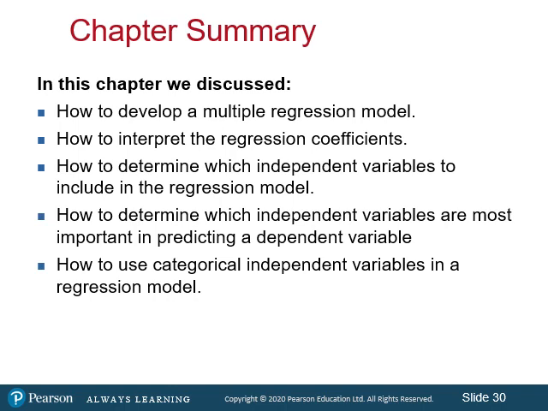Plus, we have also looked at how we can assess all the assumptions that we need to test in multiple regression analysis. Those are some of the things which will be useful also in your project. Thank you very much.